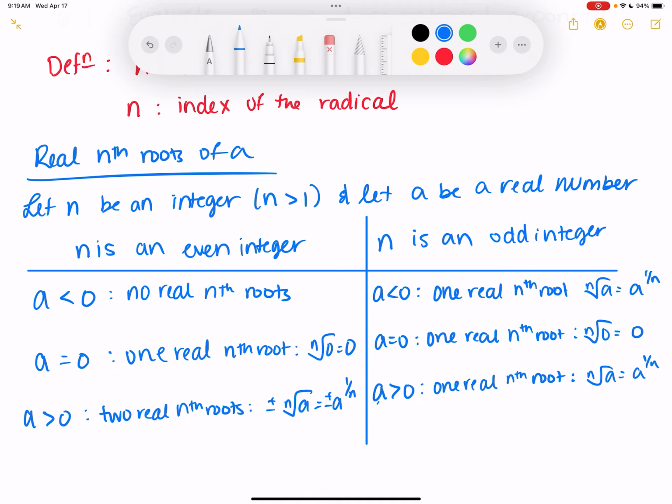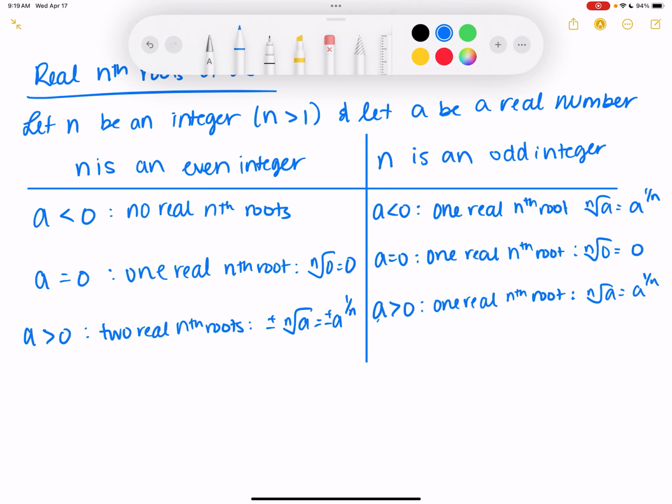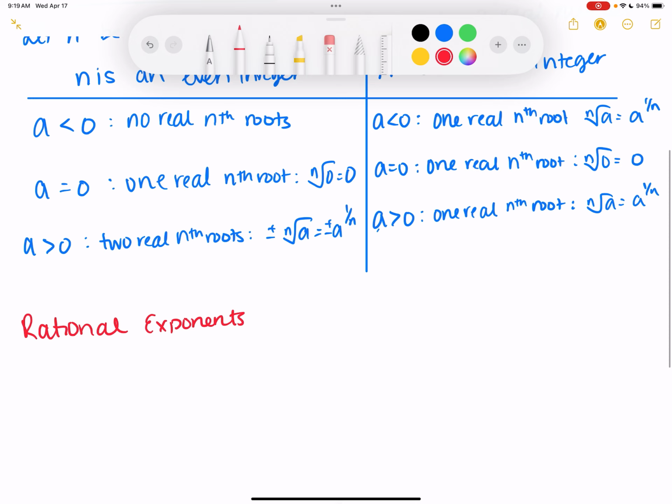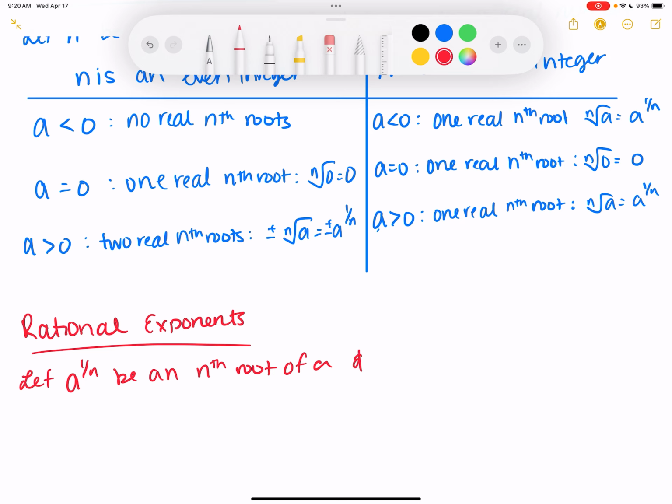Then the last of the notes, I think, rational exponents. So this is kind of the big thing I want to hit on in this, just to make sure that we're good with. But rational exponents, let a to the 1 over n be an nth root of a, and let m be a positive integer.